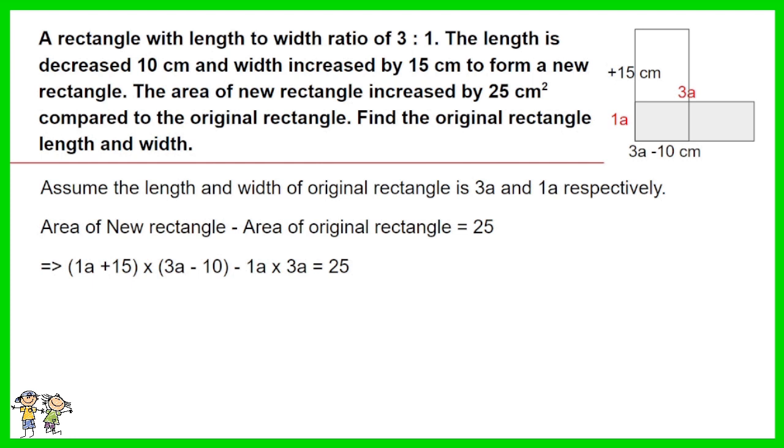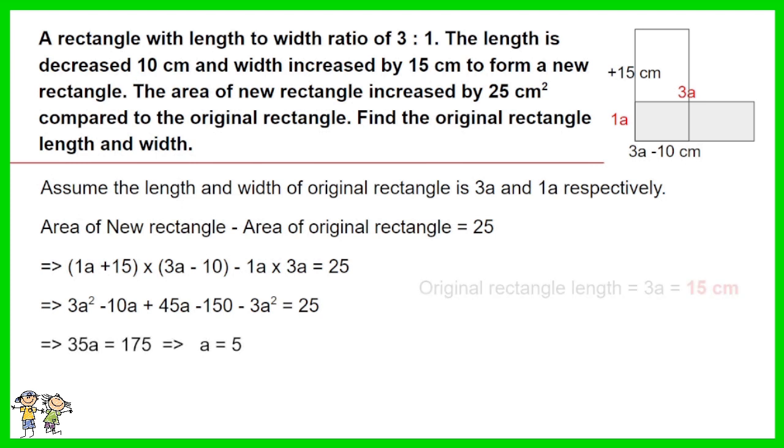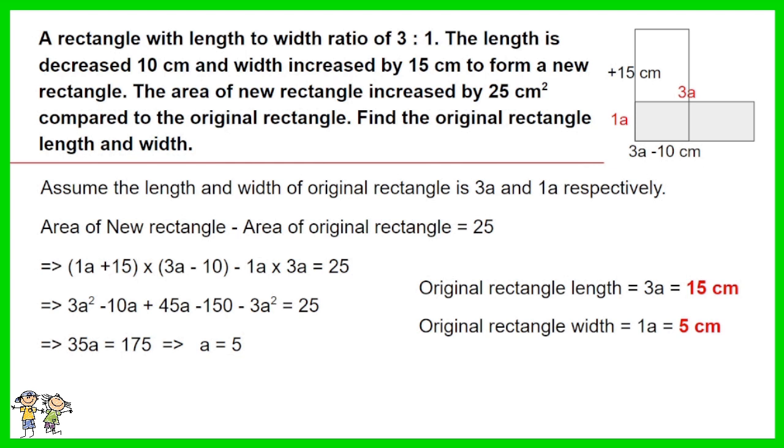Area of original rectangle is 1A times 3A. Work out the equation. You have A equals 5. The original rectangle length equals 3A equals 15 centimeters. The original rectangle width equals 1A equals 5 centimeters.